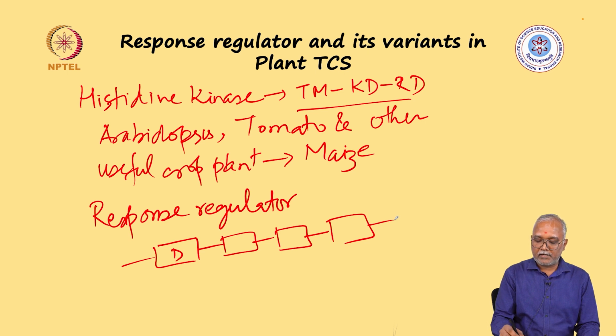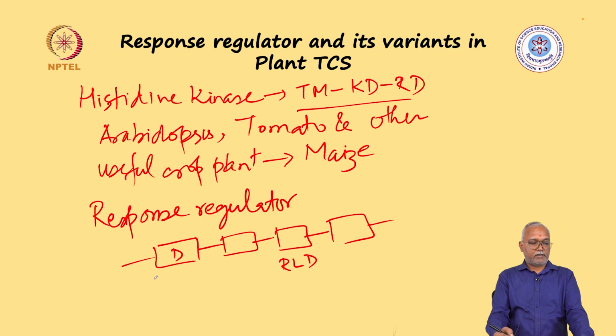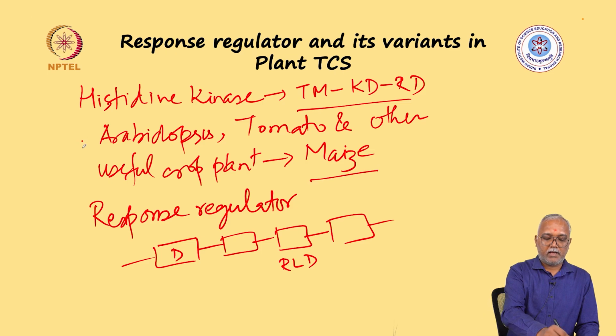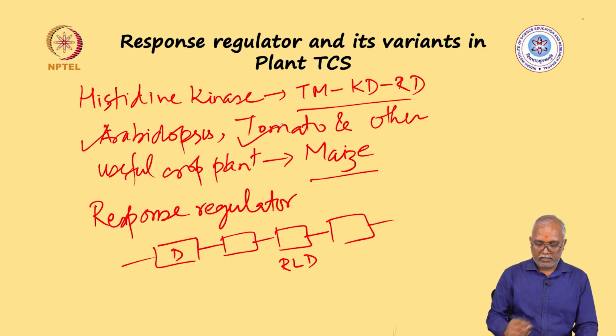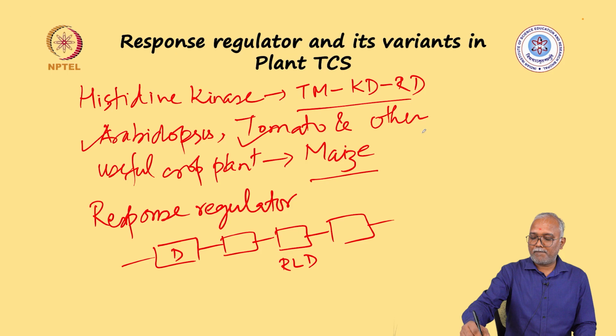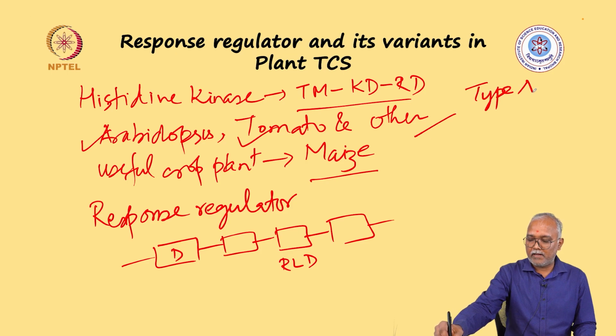What you notice is that in case of receptor there was a receiver-like domain. There is a possibility that you have the response regulator with a receiver-like domain regulating the functions, and they have been studied in maize, Arabidopsis, tomato, and so on. There are multiple different types of response regulator in the plants, and they have been categorized in two types, type A and type B.